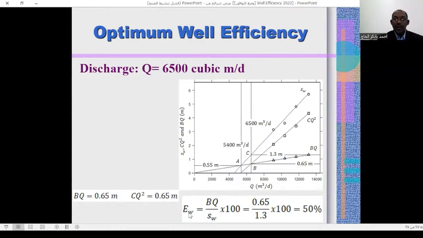After that, the well efficiency equals 50%. This phenomenon refers to well efficiency decreasing from point A. Well efficiency declines step by step in this direction, and also decreases at the left of point A. That means point A is the optimum well efficiency.